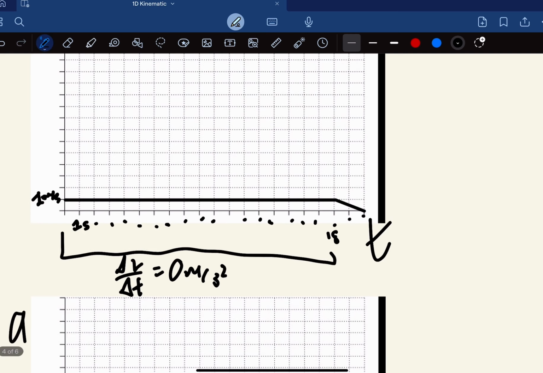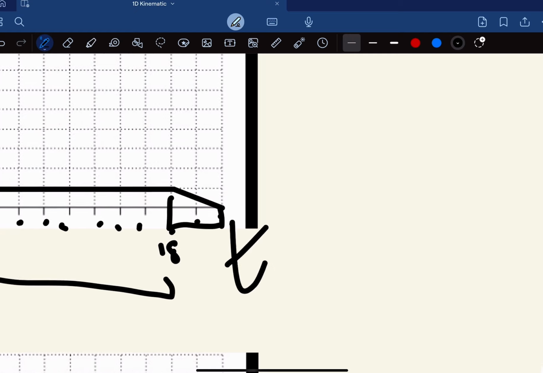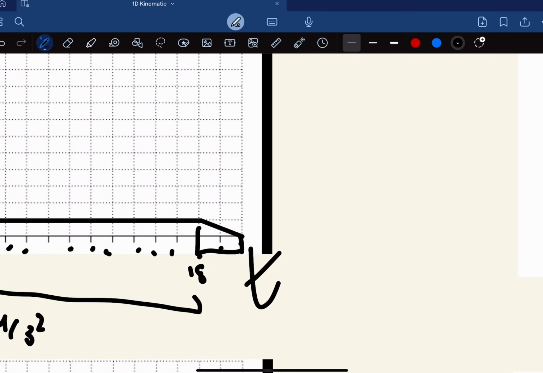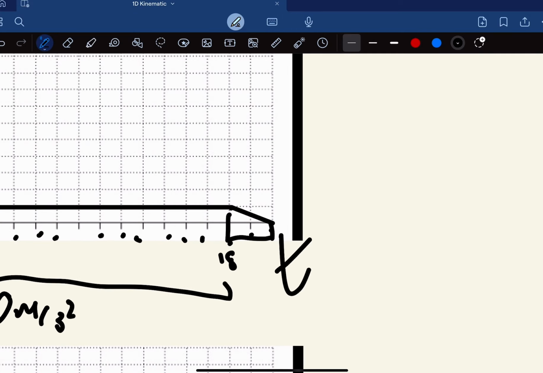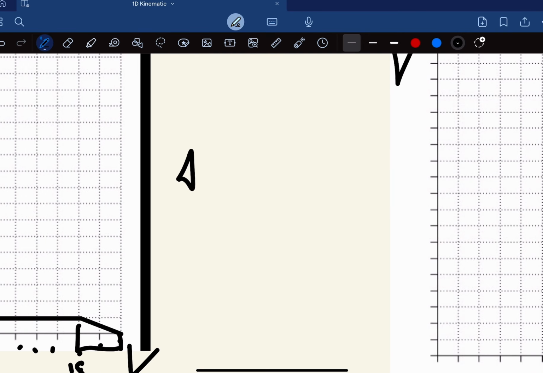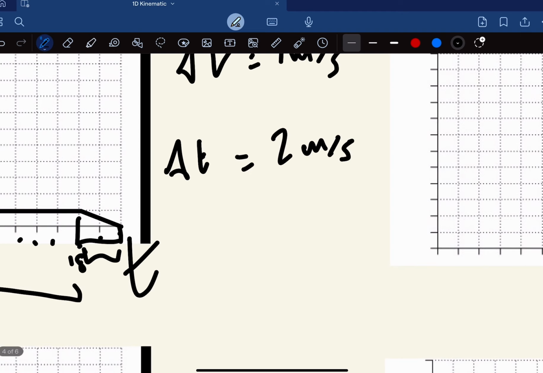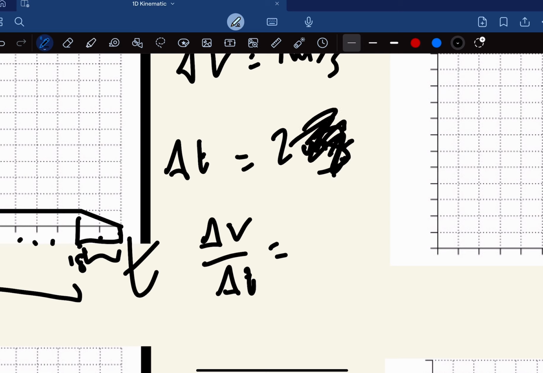Now, let's look at this last little segment right here. We have a slope where our rise, or our delta v, is equal to 1 meter per second, and our delta t, the time it takes, is equal to 2 seconds, sorry about that.